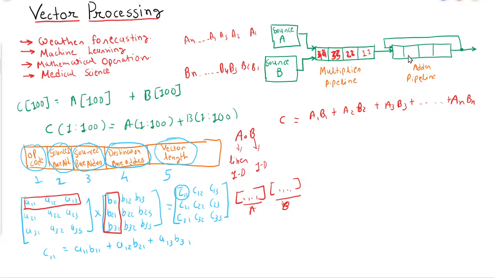In the next 4 cycles, this 1 will be here, 2 will be here, 3 will be here, 4 will be here, and here 5, 6, 7, 8, meaning A8 B8, A7 B7, multiplication of A7 B7, multiplication of A6 B6, multiplication of A5 B5.